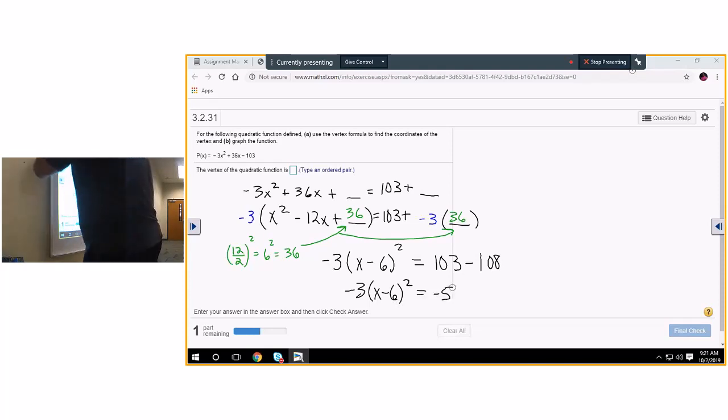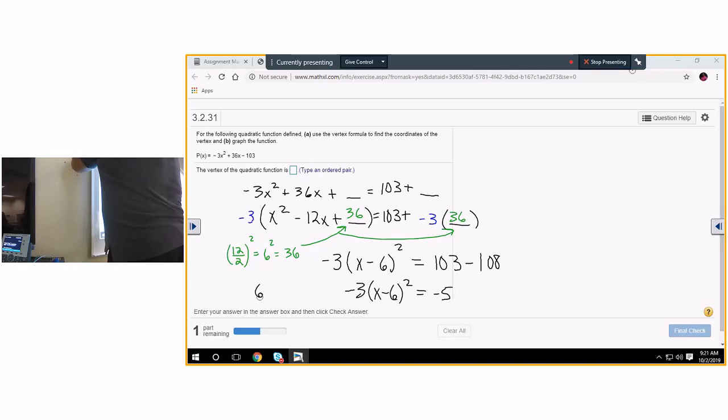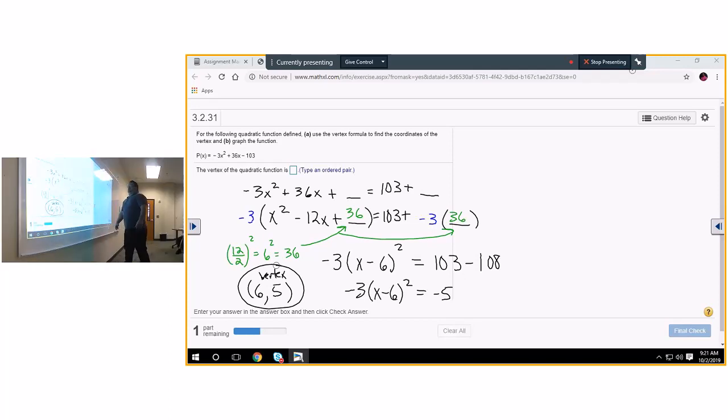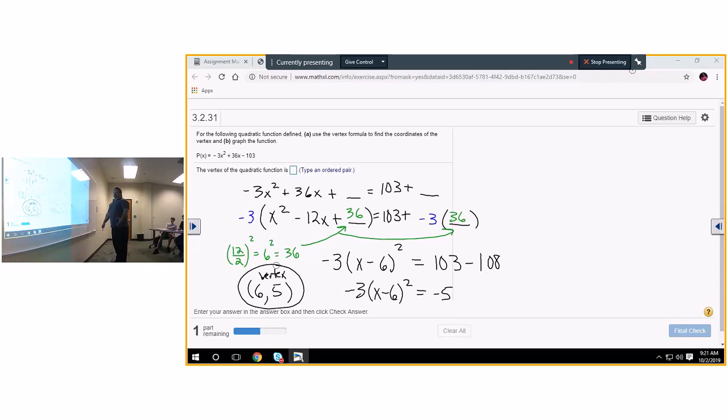And our vertex is 6, 5, and that is your highest or your lowest point. This problem asked for the vertex, but we're going to keep going because we like to learn a lot more than what we're supposed to. We're not lazy and we want to raise the bar. So we're going to do -3 times x minus 6, squared, is equal to -5.